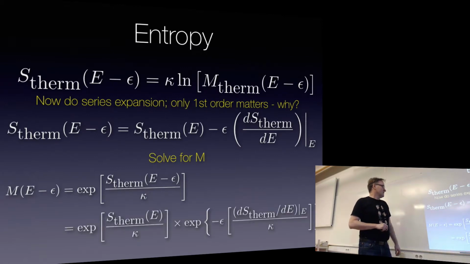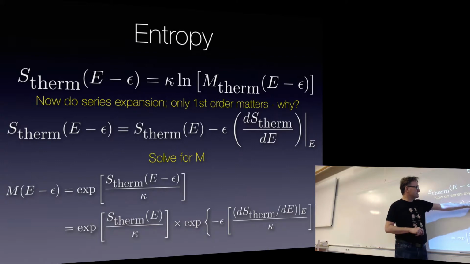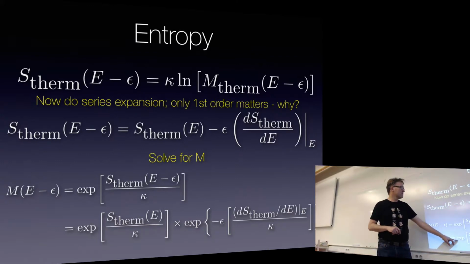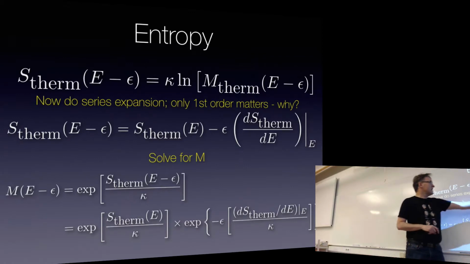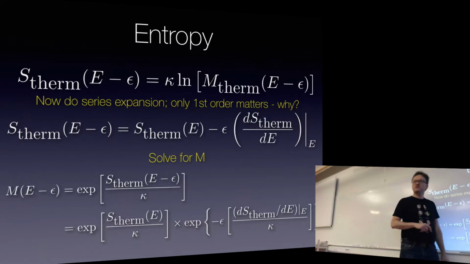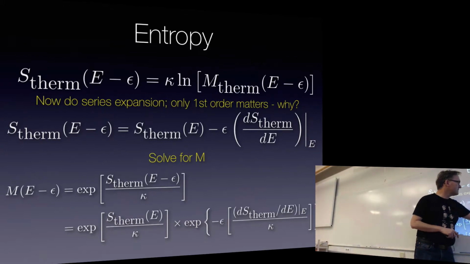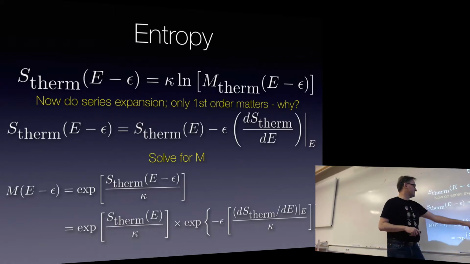So first we have S divided by K. But now instead of E minus epsilon, we get that first term, S exactly at the value E divided by K, in an exponential. And then we have minus, but when it's an exponential of minus, we can separate that into a separate exponential. So we also get an exponential of that term, minus epsilon, that derivative, divided by the kappa we had there.